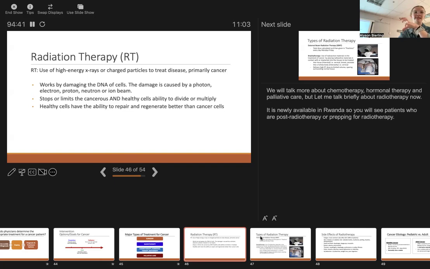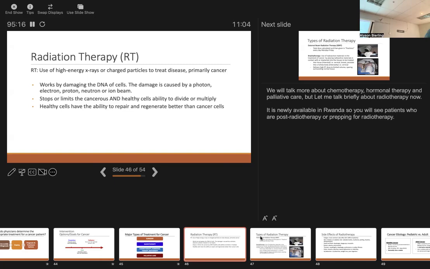And then that damage to the DNA stops that abnormal division and multiplication of cancer cells. Okay. Unfortunately, radiation therapy also causes damage to healthy cells, but in general, the healthy cells have a better ability to repair, regenerate and recover compared to cancer cells. Okay.